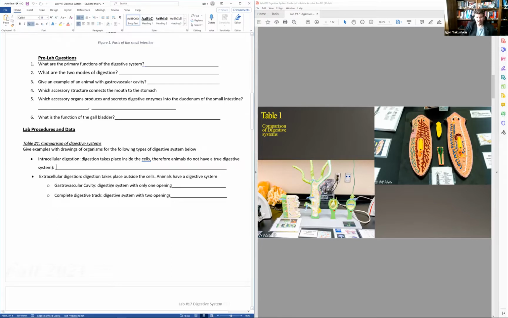Gastrovascular cavity: the digestive system has only one opening, and this is found in the cnidarians and the flatworms. That particular opening, the mouth, goes into a pharynx, and then that red digestive cavity spreads out, feeding the organisms because they don't have a circulatory system yet.